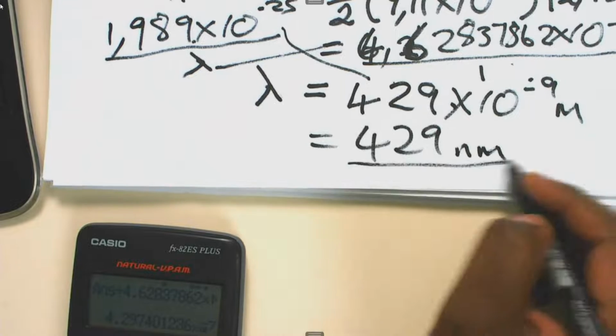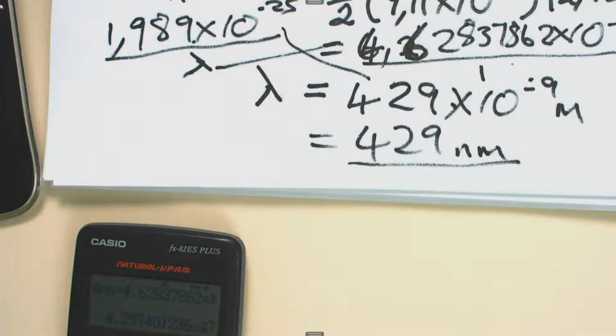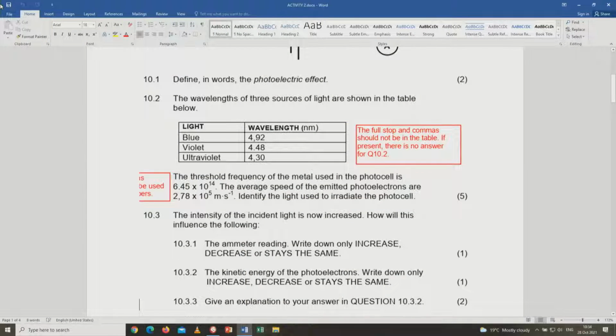And then we go to our table and check to which light that corresponds. As we can see, because of the rounding off there, the closest wavelength is that of the ultraviolet light. Therefore, the light that has been used here is ultraviolet.